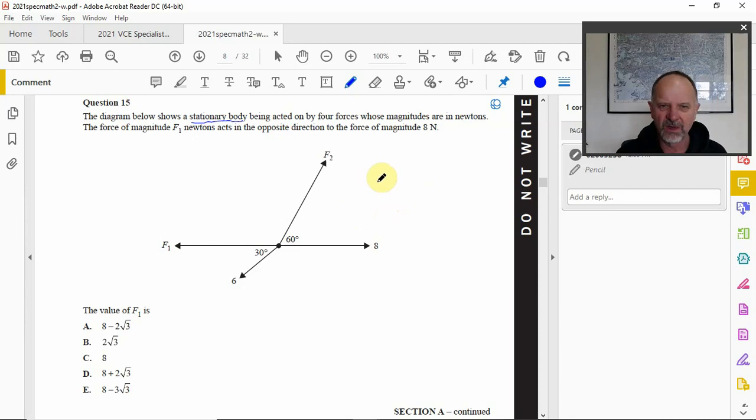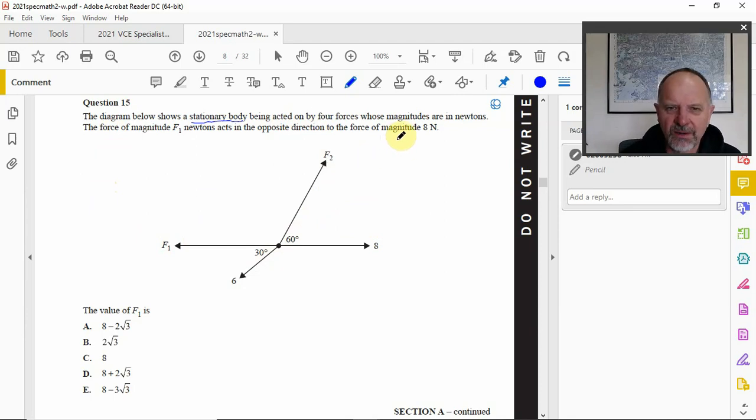All right, so what I'm going to do is break it down into two parts. Along the direction of F1 and 8, so across the page, left and right, and then perpendicular to that, up and down the page.